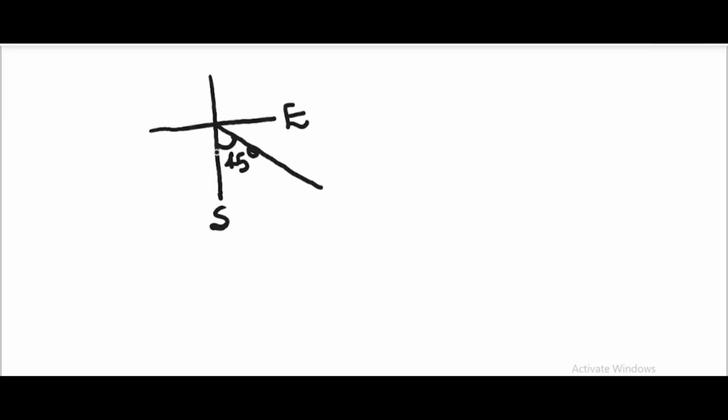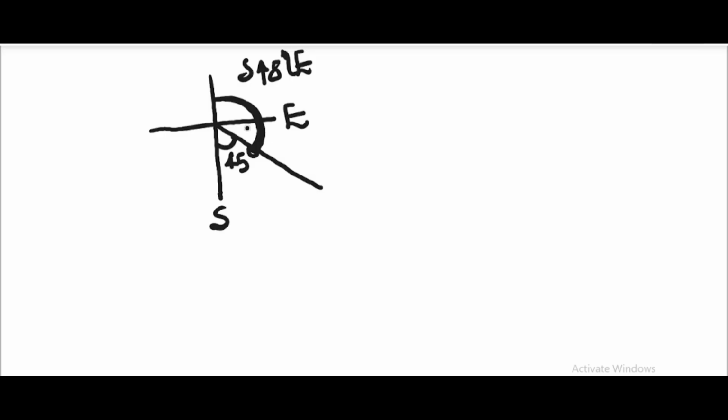Now if it were to be in surveyor's bearing, what do I do? That means I'm to measure this angle from the north until it gets to this position. So now remember I've known my theta, which is 45. Good. So my theta plus this bearing makes an angle of 180.